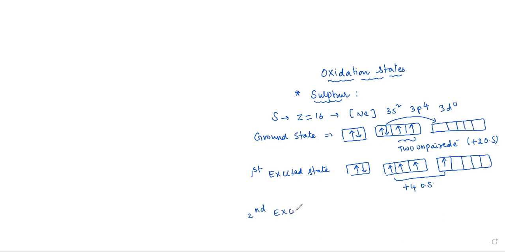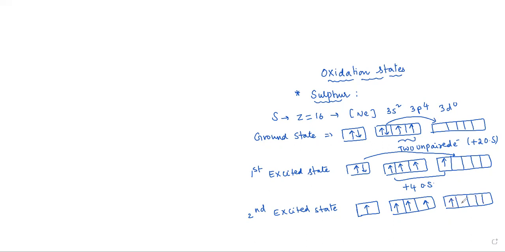Now the second excited state, a 3s electron is promoted to 3d. Including the d orbital, in total we have 6 unpaired electrons, so it can exhibit +6 oxidation state.